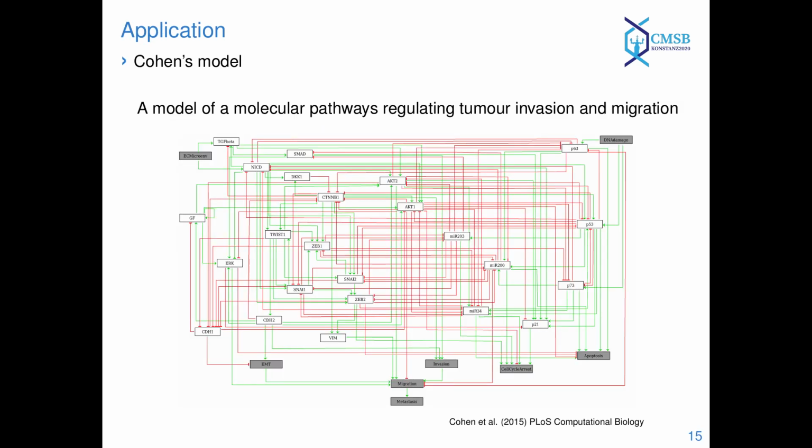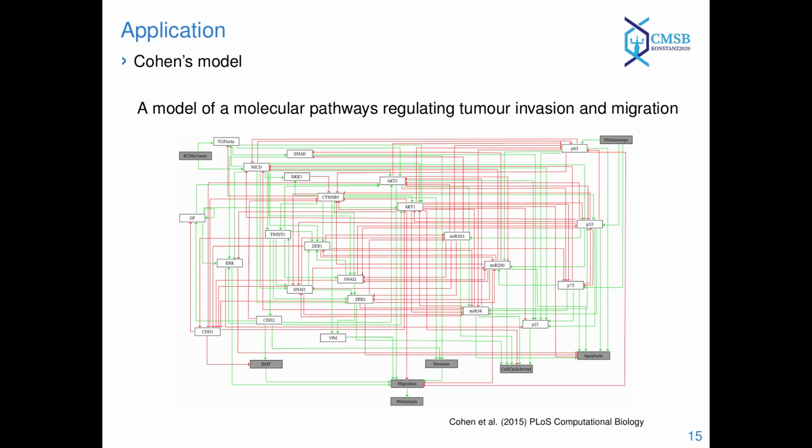And so, as an application of this pipeline, we chose to study a model published by Cohen in 2015, which represents molecular pathways regulating tumor invasion and migration. This model has mainly two inputs: the microenvironment, which is basically the presence of TGF-beta and Notch in the medium around the cells, or the external activation of DNA damage.